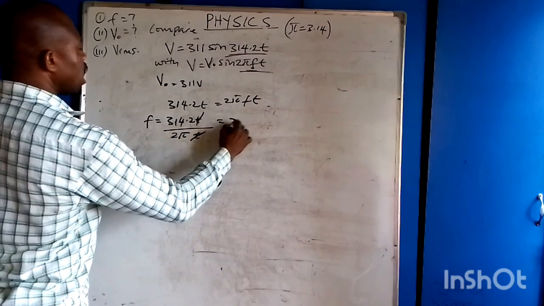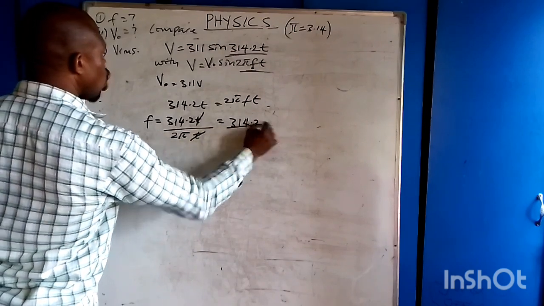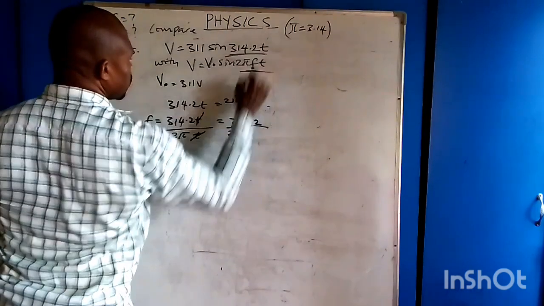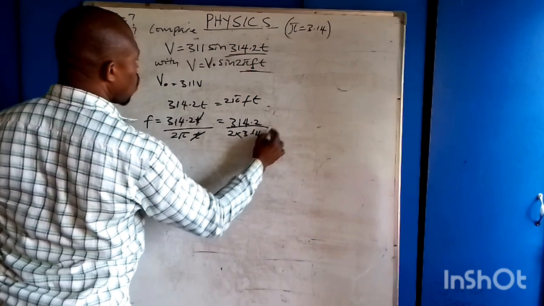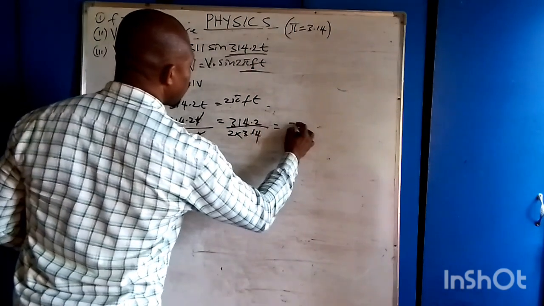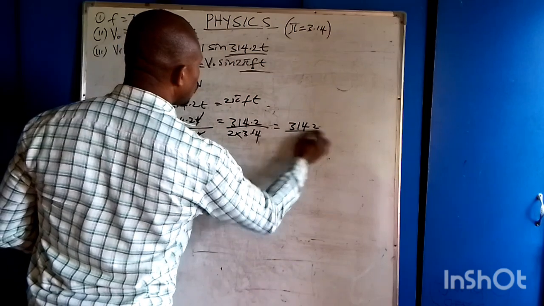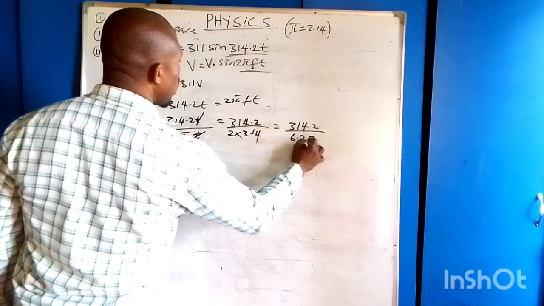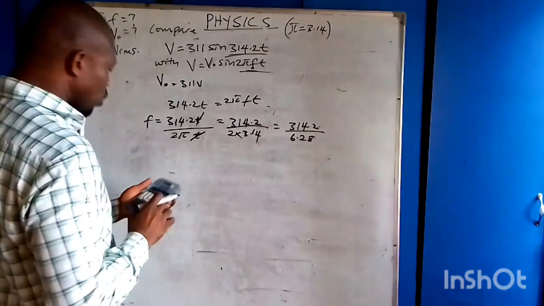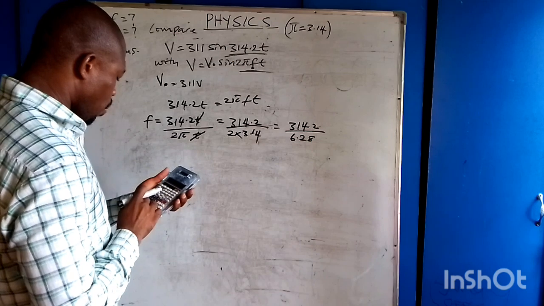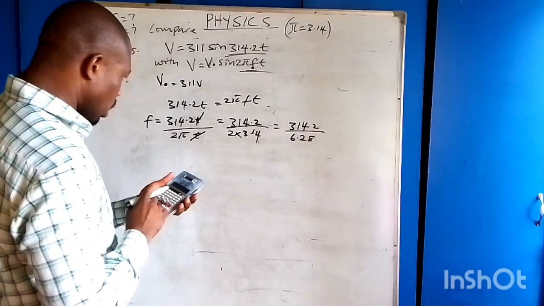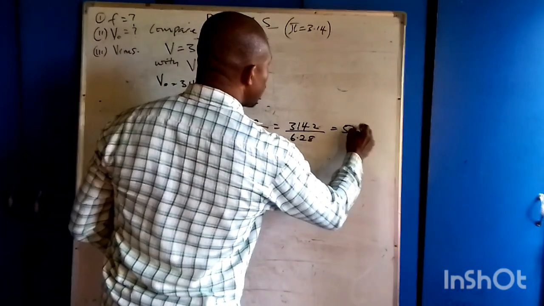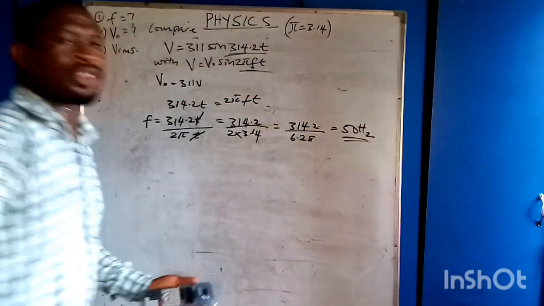What we now have is 314.2 all over 2 times the value of pi, which is 3.14. 2 times 3.14 will give us 6.28. Now when you press your calculator, 314.2 divided by 6.28, we will have that the frequency is 50 Hz.